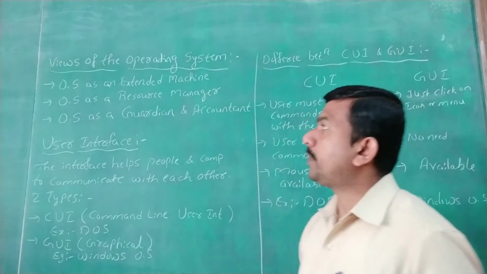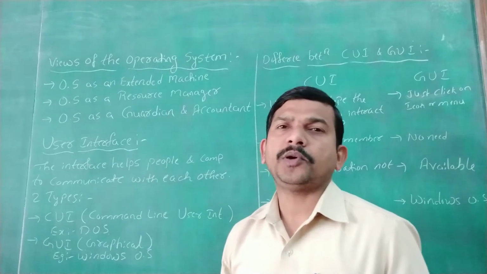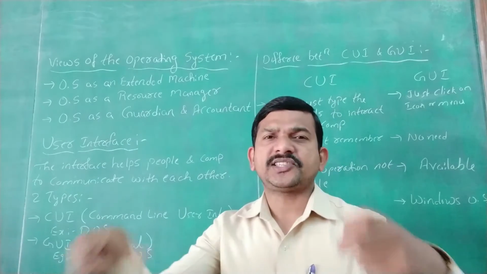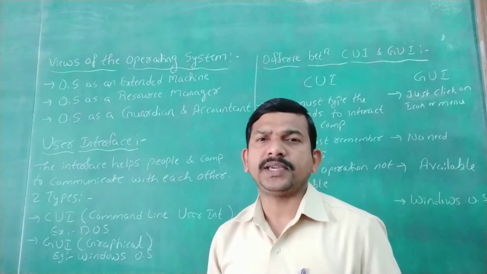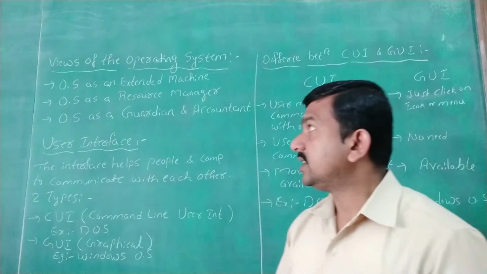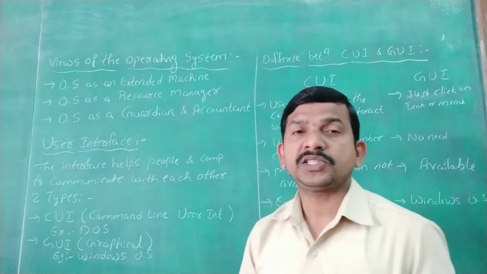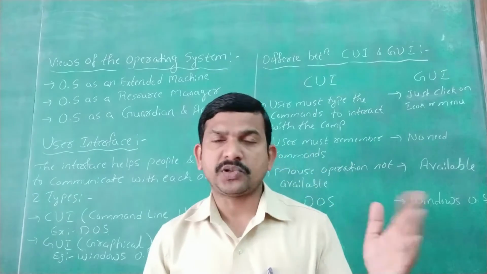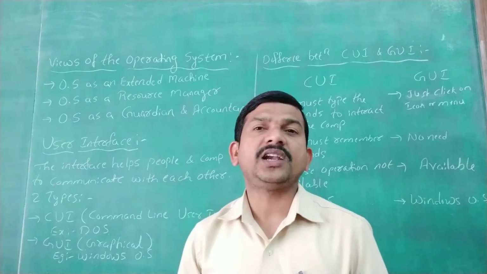So what is the operating system as an extended machine? With the help of the operating system we can extend whatever we require, printer, scanner or speaker, we can easily extend. The second one, act as a resource manager. Resource manager means all the resources. It may be processors or additional external devices.